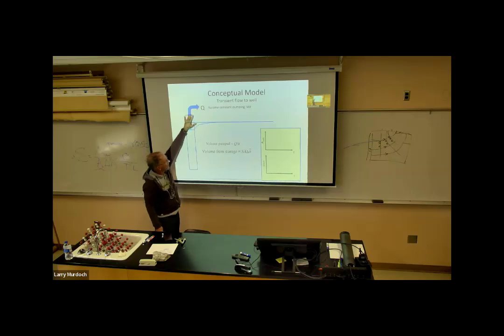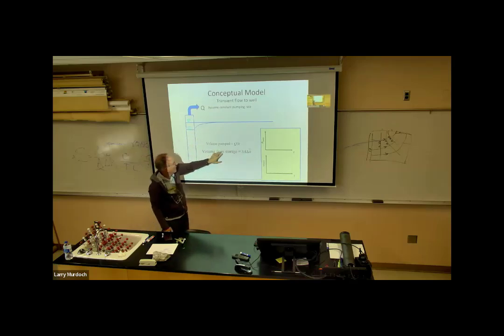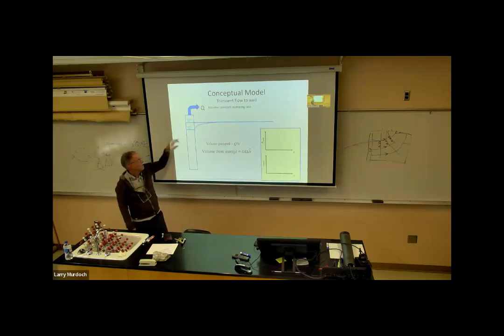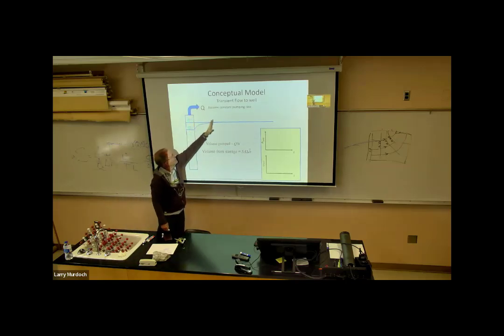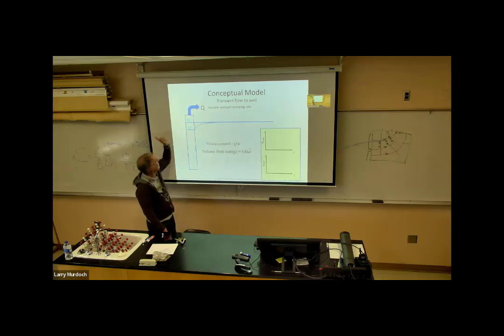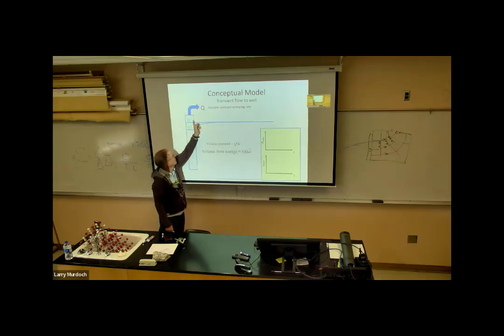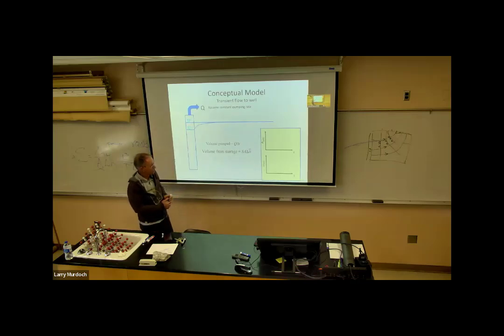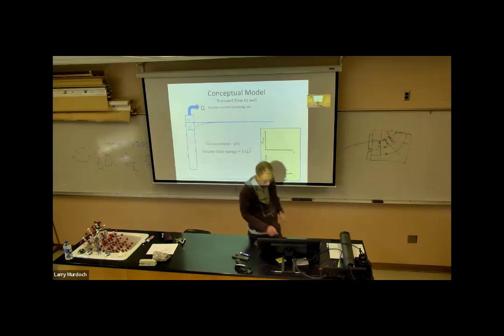So the volume that we've pumped out, we were able to do it because we're dropping the head, and the amount that we get out is that: storativity times the area. And the area is this cone of depression. So go out that radial distance, and that determines what the area is.